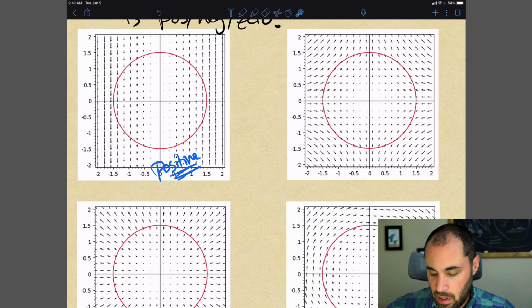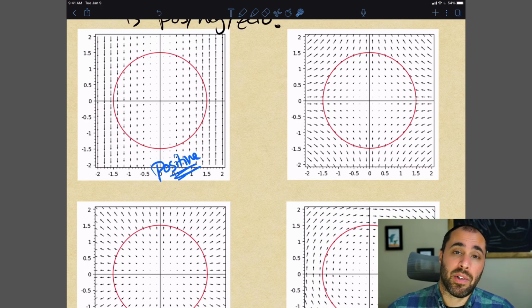The next one, in the first quadrant, the vector field is helping, but in the second quadrant, as we move further counterclockwise, the vector field is sort of pushing us back in the opposite direction. We could think of it as canceling out the help from the first quadrant. And the same will happen in the bottom.